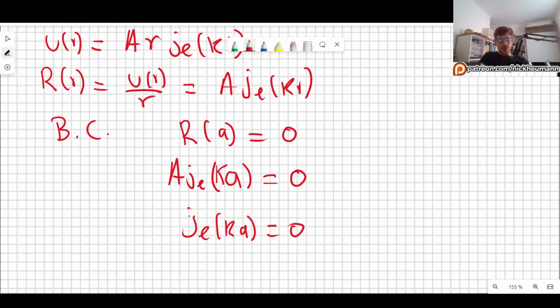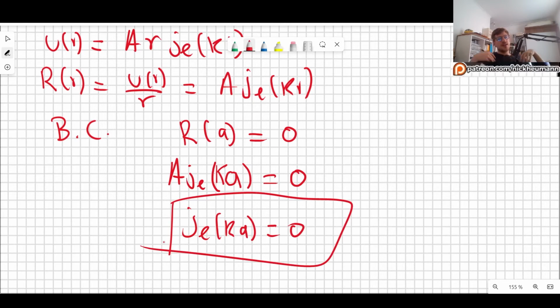Unfortunately, the spherical Bessel function doesn't have these nice, beautiful expressions where it is 0, like sine, right? In sine, you say, oh, it's simply n pi. It doesn't exist here. The spherical Bessel function does not have it.